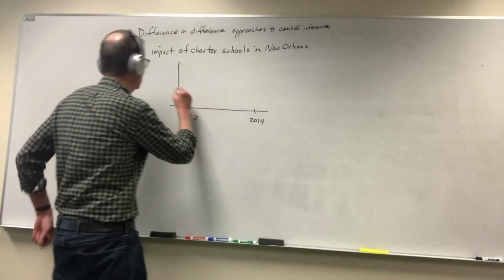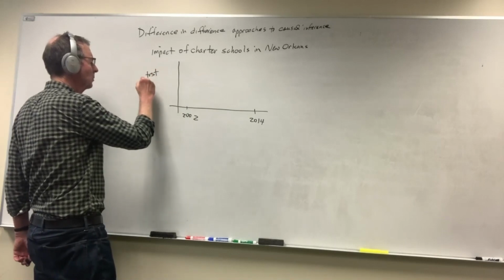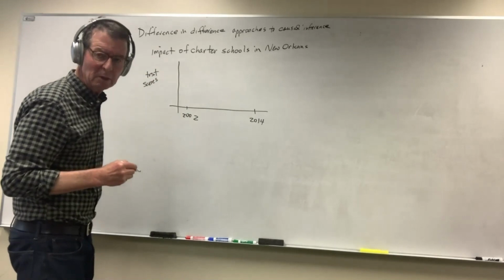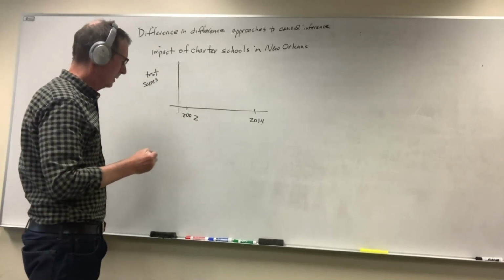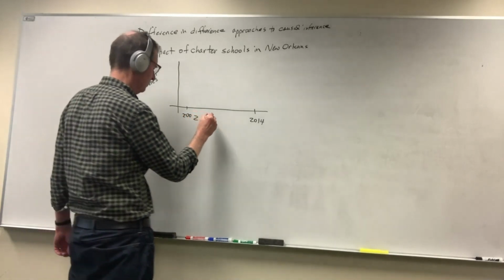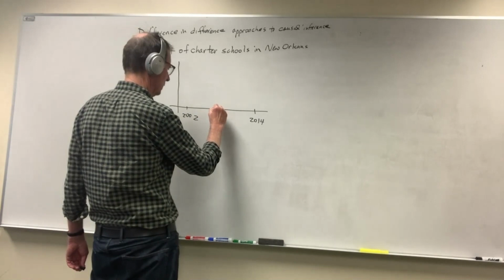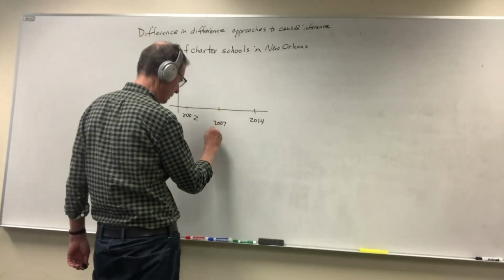And this is achievement test scores. We'd really like to have a lot of other outcome measures, but test scores are what are measured. So 2007 is somewhere in the middle. This is Hurricane Katrina.